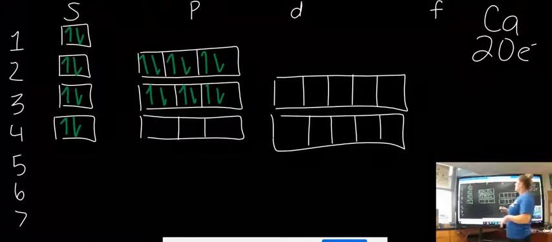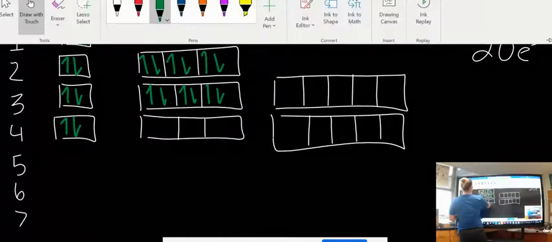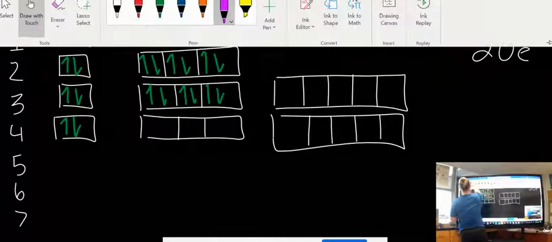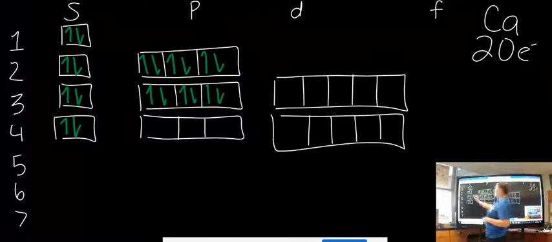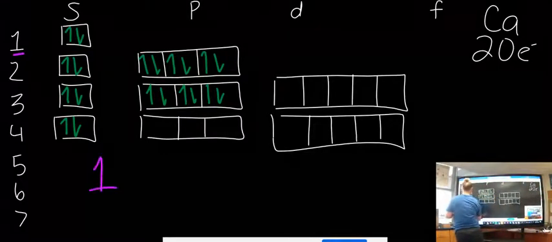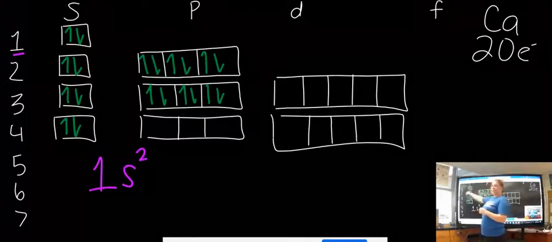One other thing is we actually have to write out this electron configuration. And the way we write it out is we start with the energy level, and we start at the top, right? So we have a 1. Next, tell me the letter orbital, S, and how many electrons are there? 1, 2. Go down to the next energy level, 2. S, 2 electrons there.